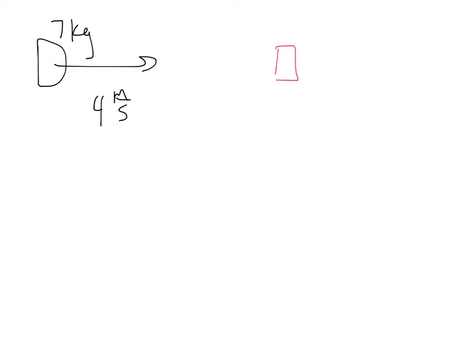So 7 kilograms moving to the right with 4 meters per second. And an unknown mass moving left, its velocity is negative 3 meters per second. They collide with one another and stick together. I'm not going to tell you the kind of collision, but you need to think about what that means.